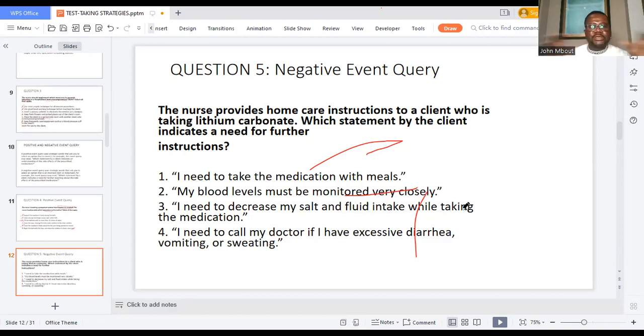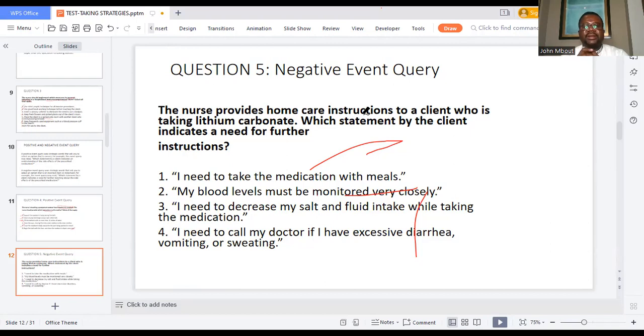Now, this question will require you to understand the content. Lithium is a mood stabilizer that is administered for clients with bipolar disorders, okay? And you have to observe the clients who are taking lithium for toxicity, because the client can present with signs and symptoms that show that there's an overdose.